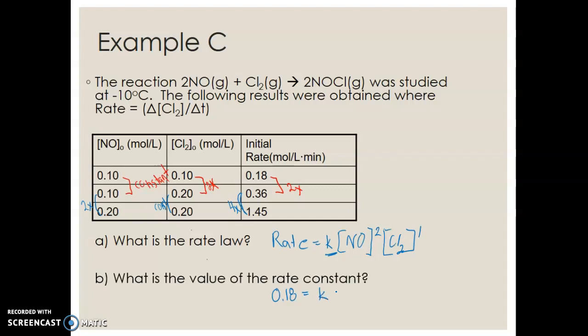That is equal to K times the concentration of NO, which is 0.10 squared, times the concentration of Cl2, which is also 0.10, that's to the first power. And when you solve this, you should find that K is equal to 180 liters squared over moles squared.